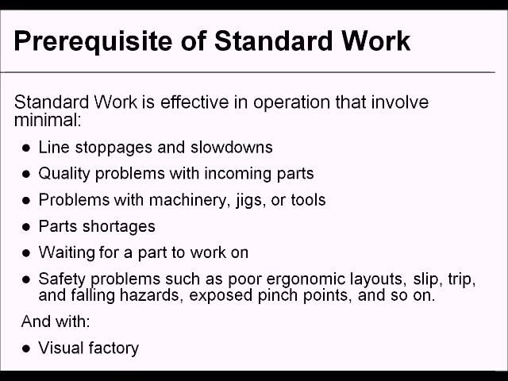You're trying to reduce quality issues, but also you need to make sure that the quality parts coming in don't have any issues either, because that's going to stop your line, and it's going to inhibit that standard work from being enacted. Problems with the machinery, jigs, or tools, again, all of this creates problems when you start talking about implementing standard work, because if something's different every time, obviously you can't standardize it.